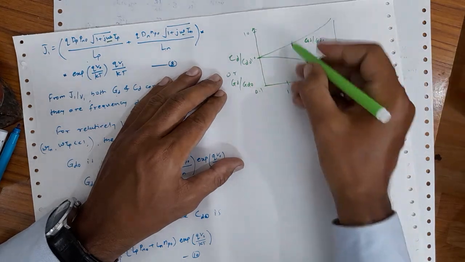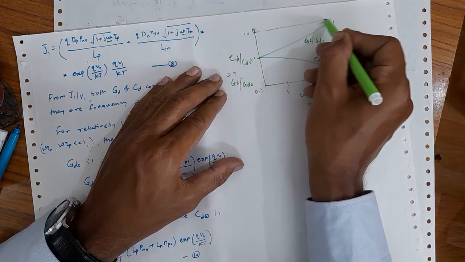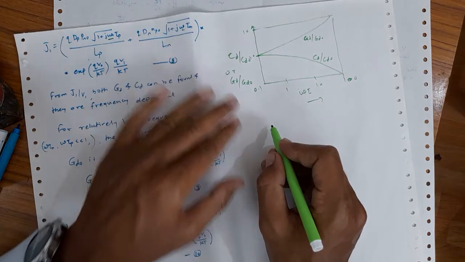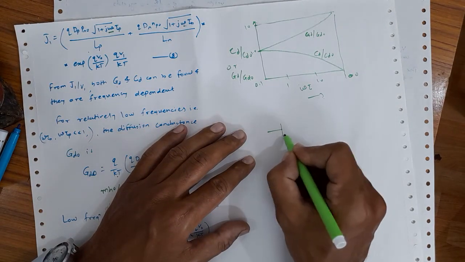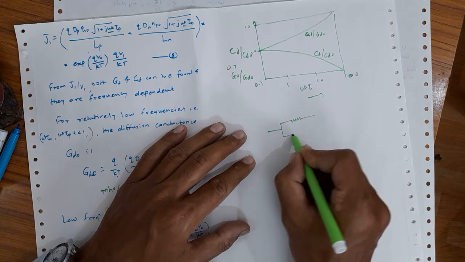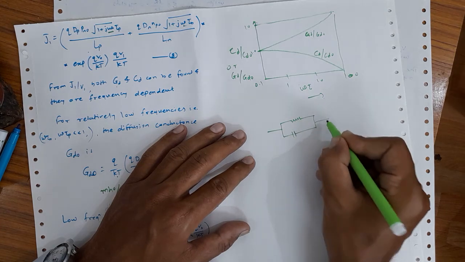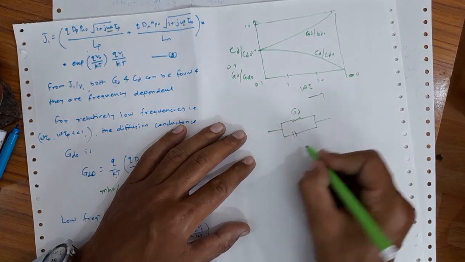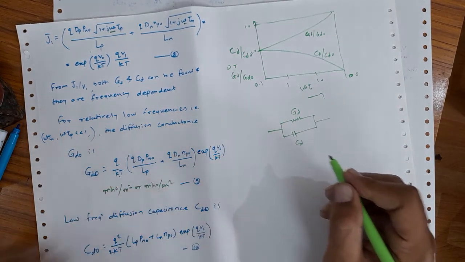And if you want to look at how the equivalent capacitance can be seen, the diffusion capacitance is something like this. We have the GD, and this we call CD.